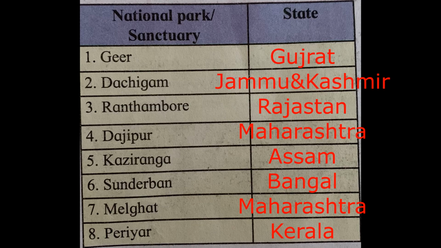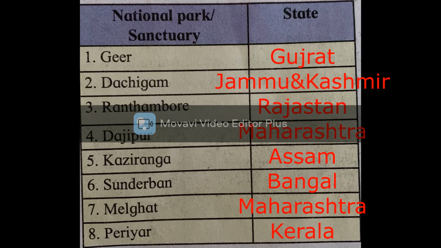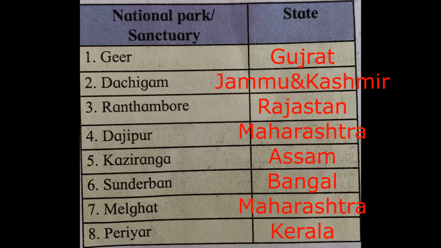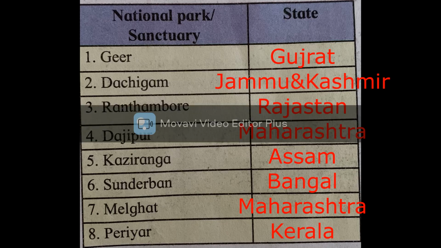Tadoba is in Maharashtra state. Kaziranga is in Assam state. Sundarban is in Bengal. Melghat is in Maharashtra, near the Madhya Pradesh border. Periyar is in Kerala. These are the national parks and sanctuaries in our India.